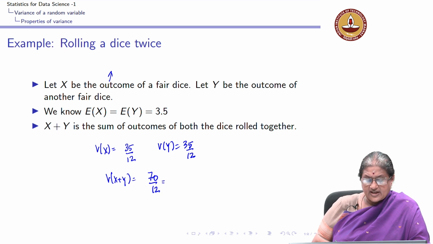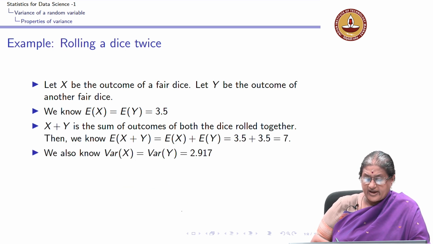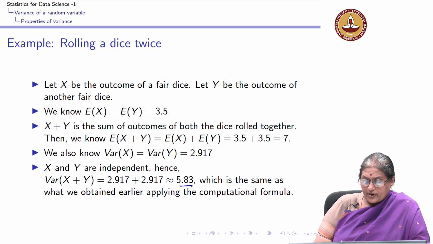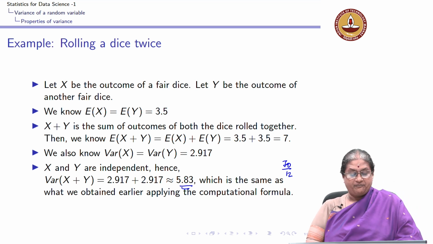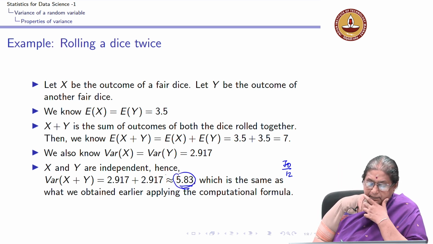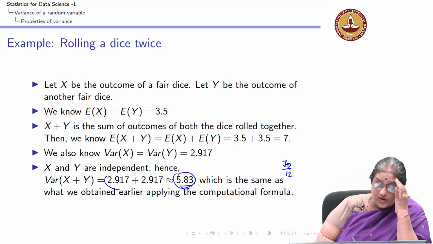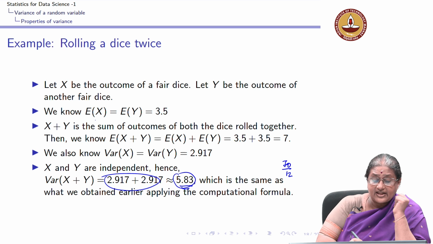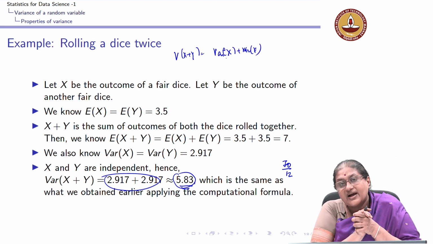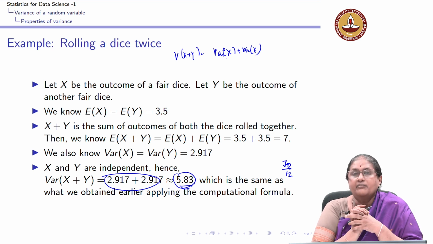And you can verify that variance of X plus Y is variance of X plus variance of Y, which is almost equal to 5.83, which you can check is 70 by 12. So you can verify that this is what we got applying the computational formula. This is what we got by applying the fact that variance of X plus Y equals variance of X plus variance of Y when X and Y are independent random variables.